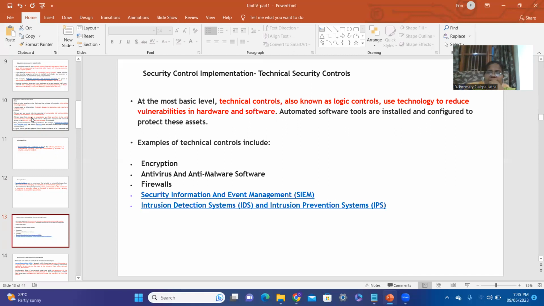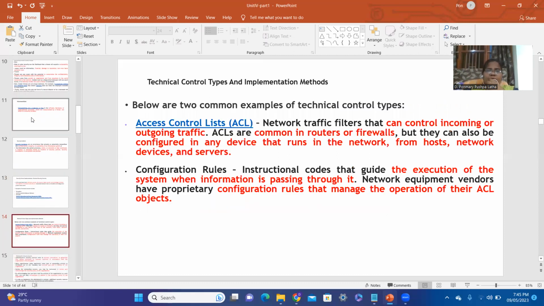We transform the data from one form to another form so that it will be hidden from people. Then antivirus, firewalls, security information and event management, intrusion detection system, and intrusion prevention system. All these are technical security controls.